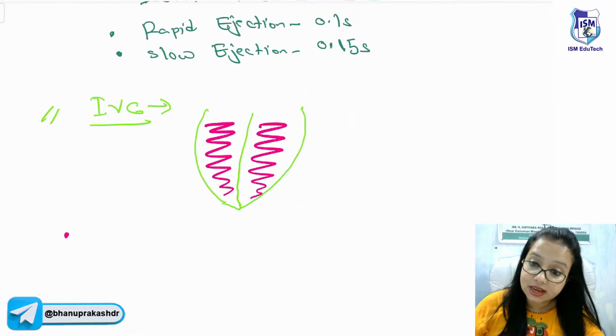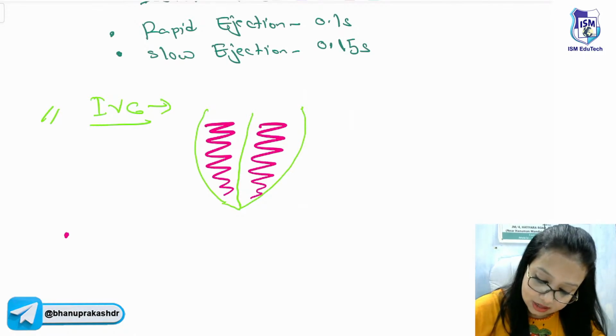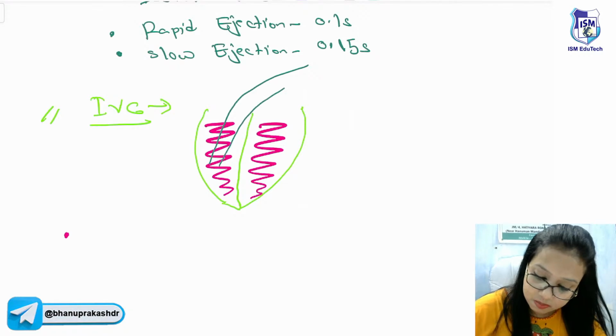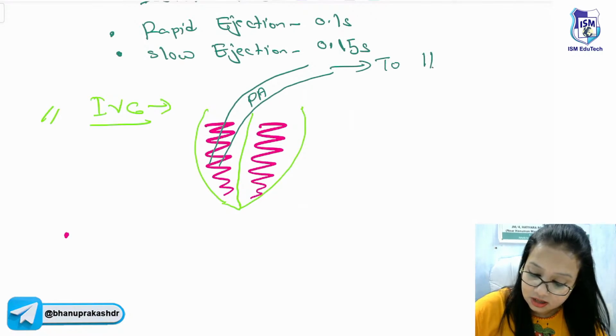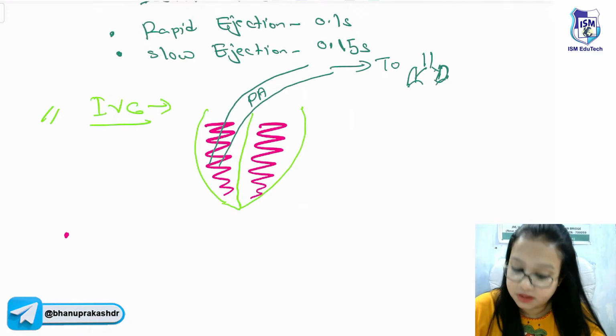The right side of the heart, that is from the right ventricle, it pumps out, just in a very easy way, I am showing you the diagram, via the pulmonary artery to where? To the lungs. To the lungs, right? That's where it is pumping out.